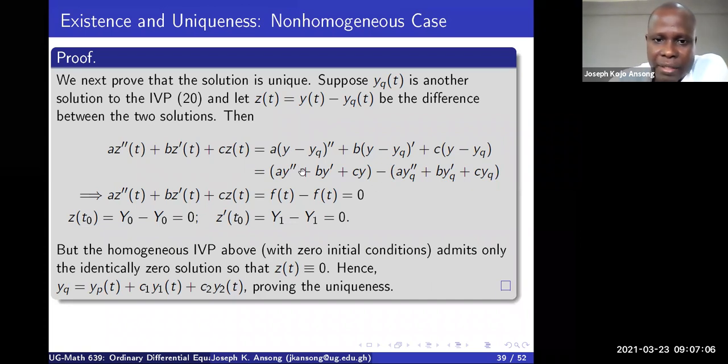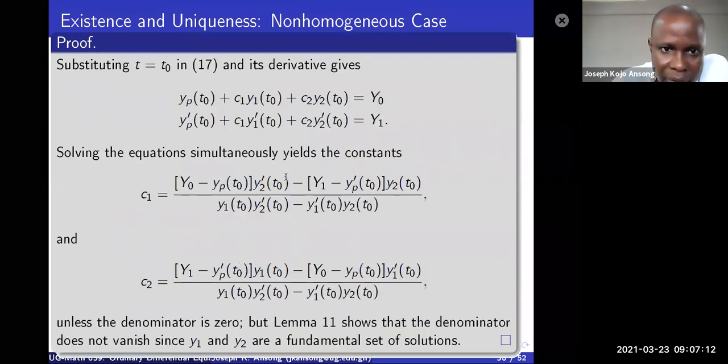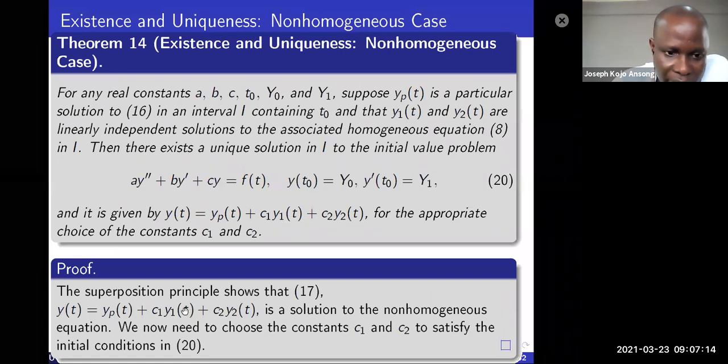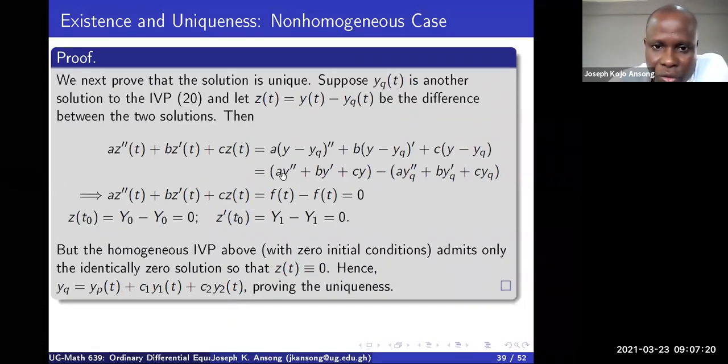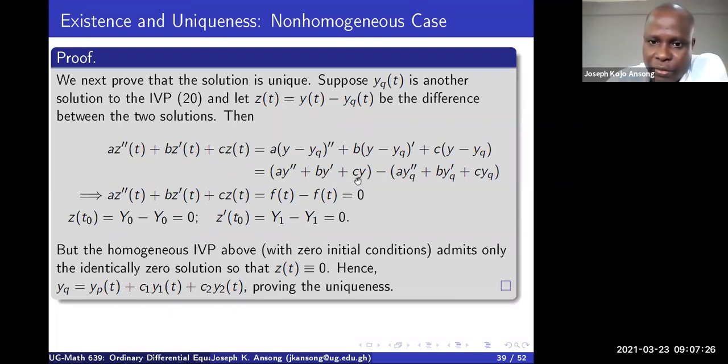Well, note that y here is a solution. If I go back, remember we are calling this y: y is y_p plus this. So y satisfies the non-homogeneous equation, which means that this expression has to be equal to the right-hand side, f of t.